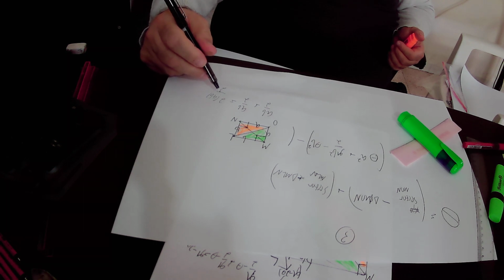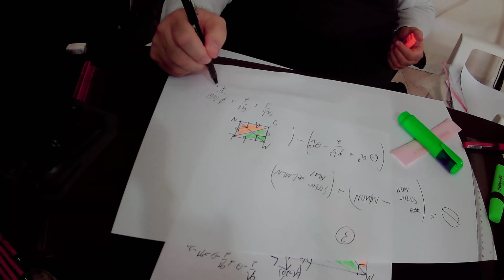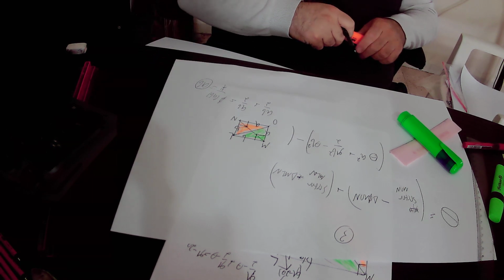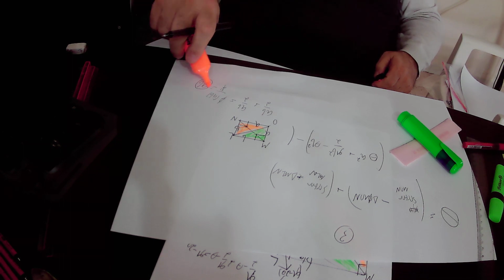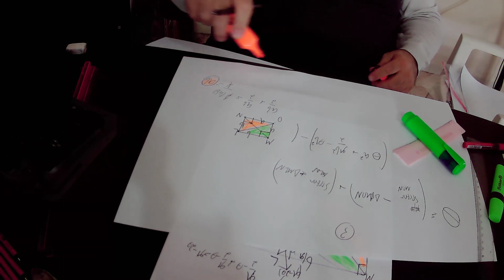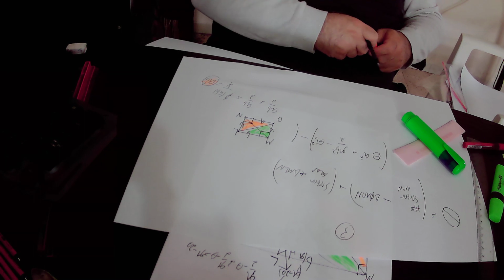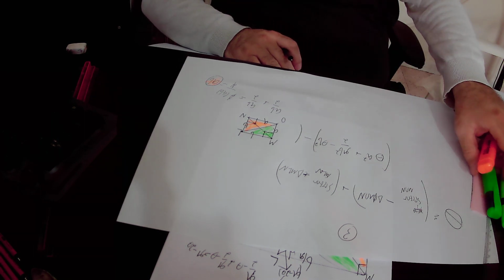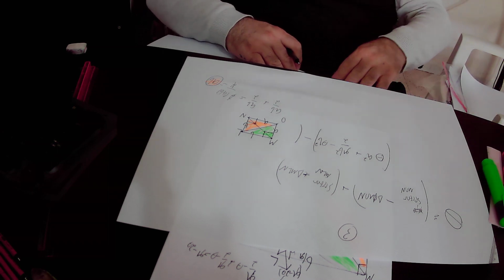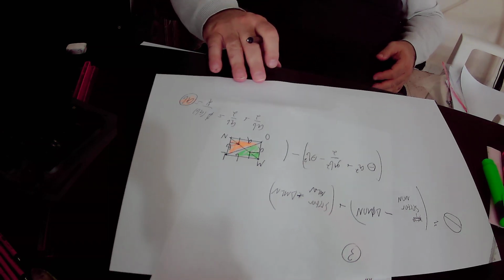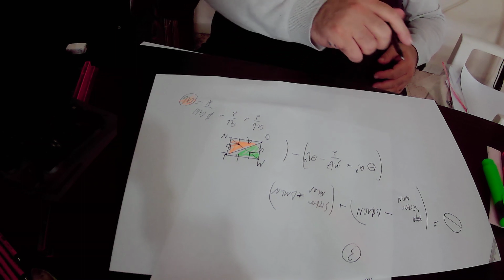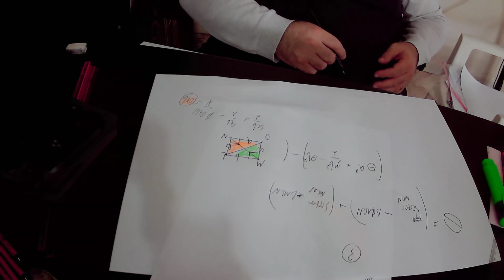We have 2 in the numerator and 2 in the denominator, so 2 will get cancelled. So finally we found that the area of the two triangles is equal to A times B. Okay, so here we have to subtract the area of the two triangles.